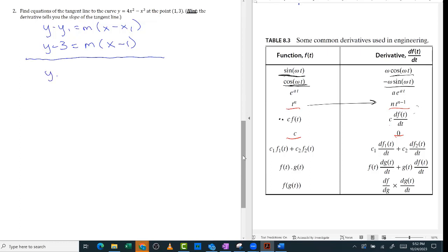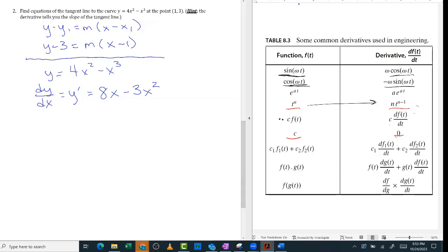If my original function is y equals 4x squared minus x to the third power, my derivative, which I can write as dy/dx, I can write as y prime, is going to equal 4 times 2x, or 8x, minus 3x squared. All I did was use the power rule.